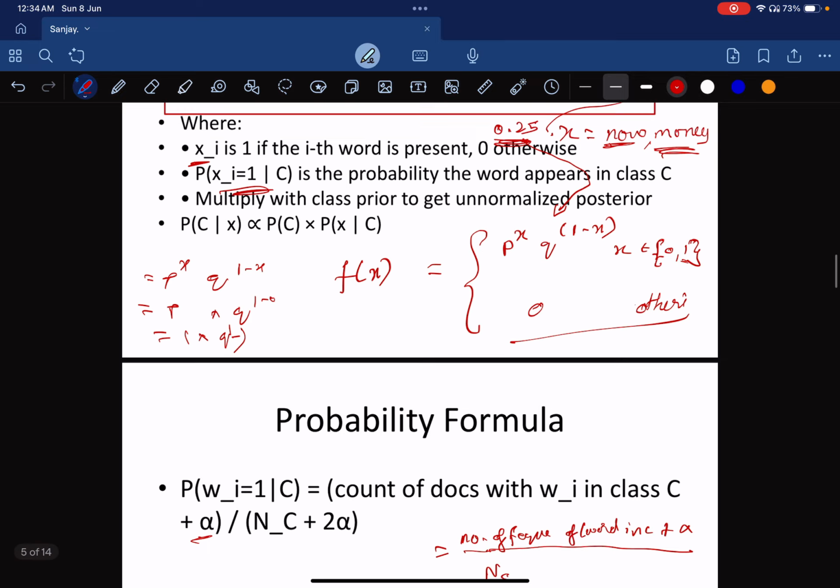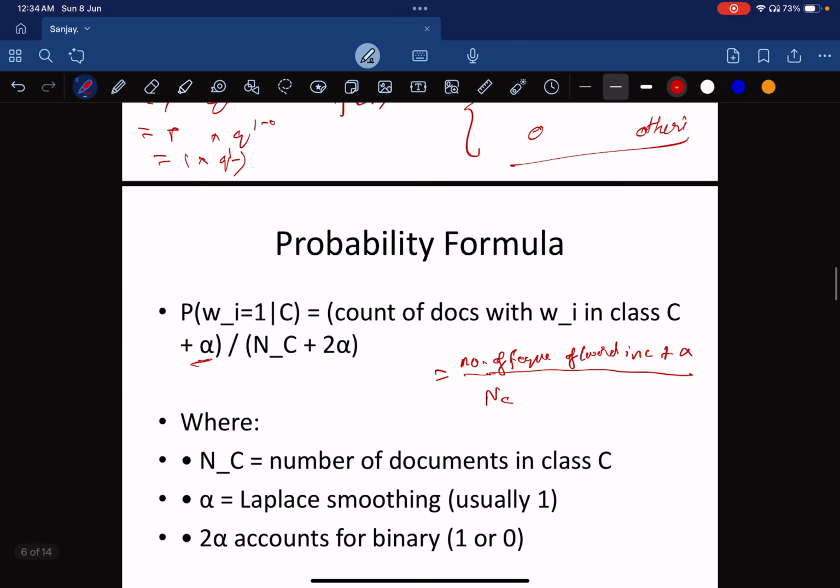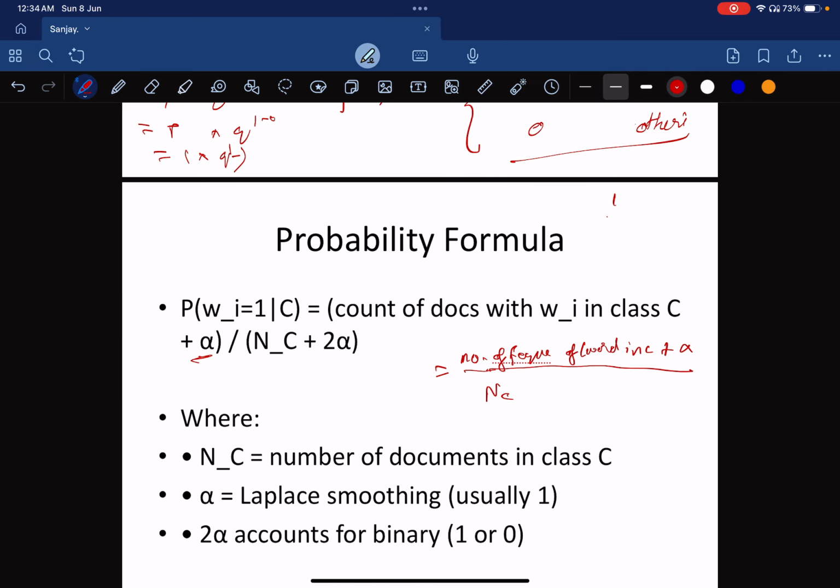For example, there are thousands of datasets, 1 to 1000, and in the 1000, 500 datasets are class 1 and another 500 are class 2. Here, for class 1 the NC is 500, for class 2 the NC is 500.